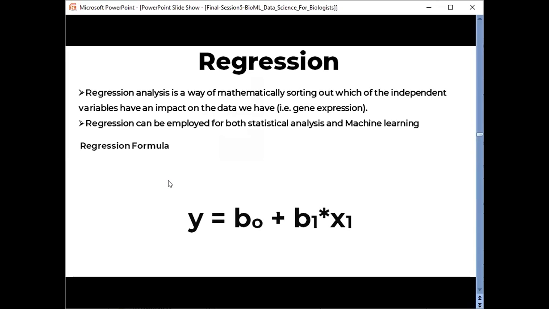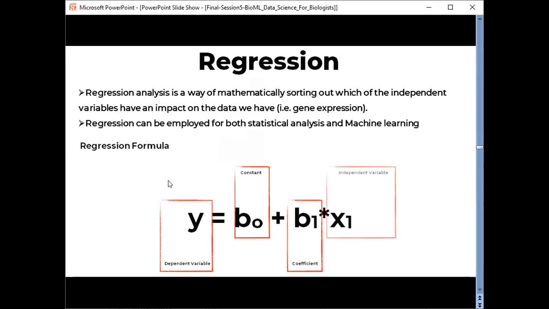If you look at this regression formula, it has both dependent as well as independent variables. The dependent variable is related to the independent variable with the additional consideration of a constant, the intercept, and the coefficient.